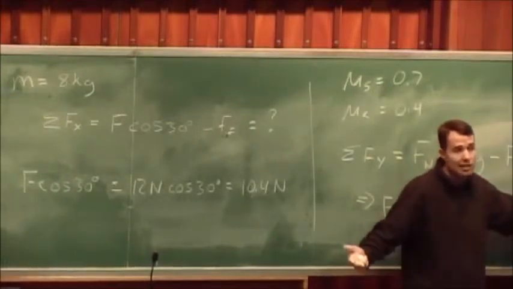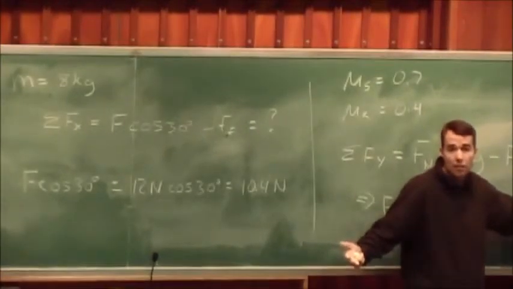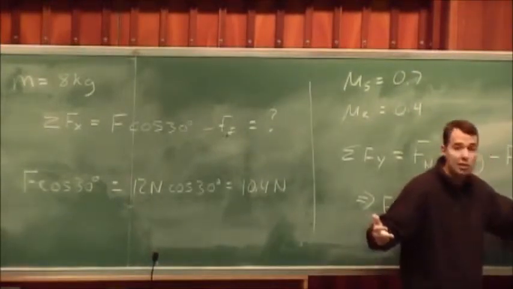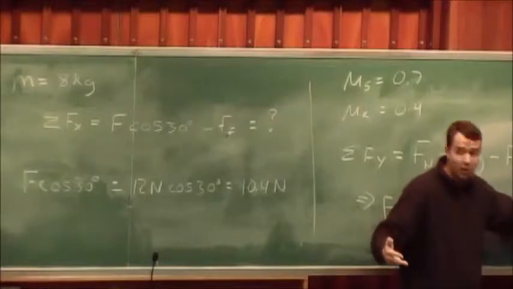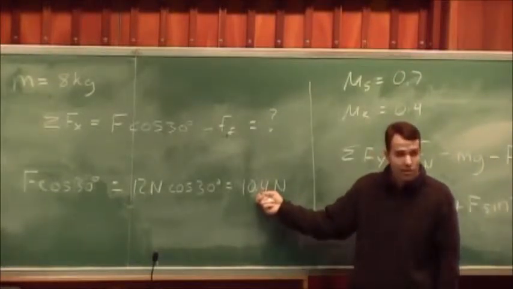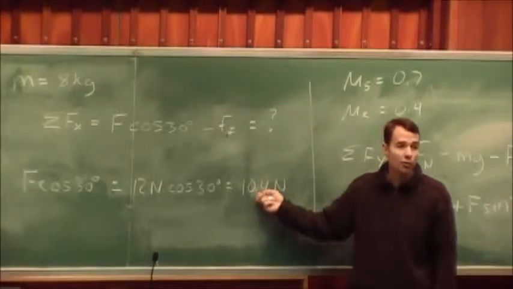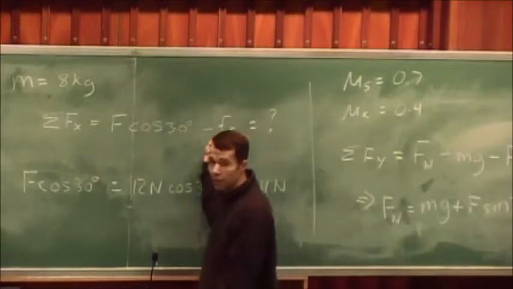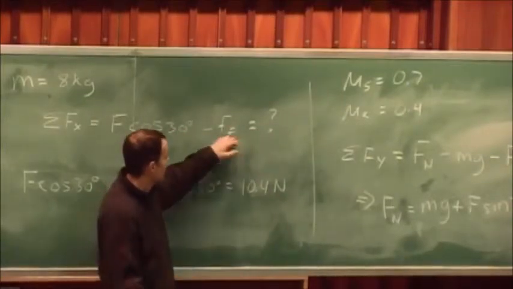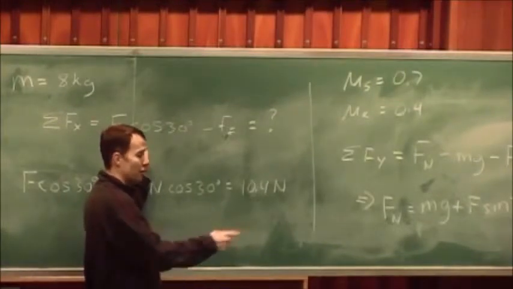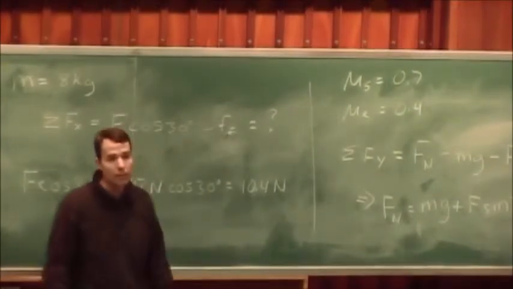That's in the neighborhood of, say, 56, right? Is that greater than 10.4? Yes. So therefore, is it going to move? No, it's not going to move. This frictional force is greater than the applied force in the horizontal direction, and so it will not move.